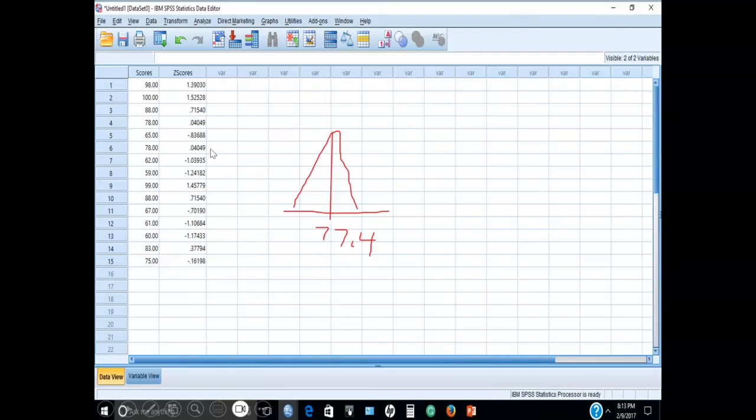And the guy who got 100 or 98, they were 1.5, like 100 is 1.5 above the mean. 98, 1.3. And the guy who got 58, 1.24 below the mean. That's negative, below the average guy.